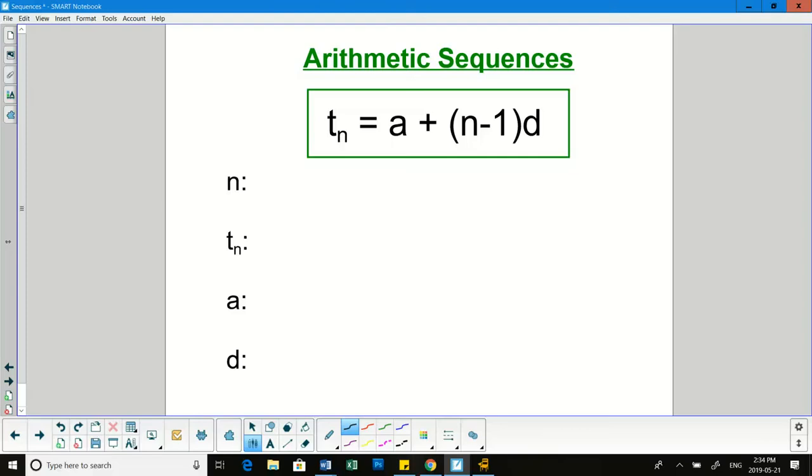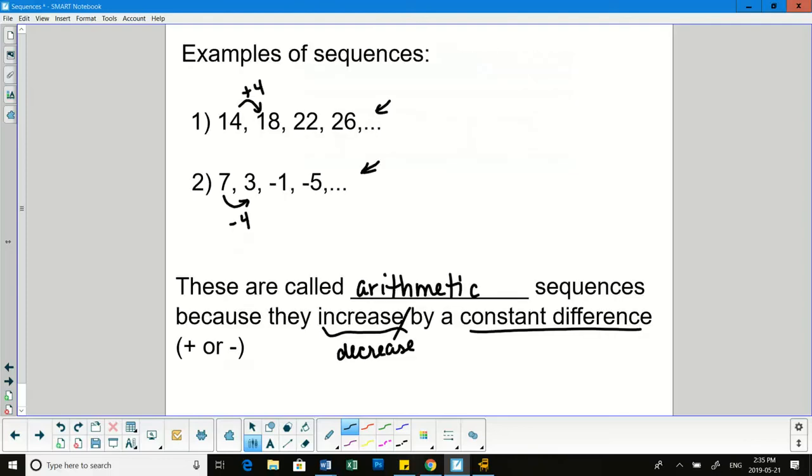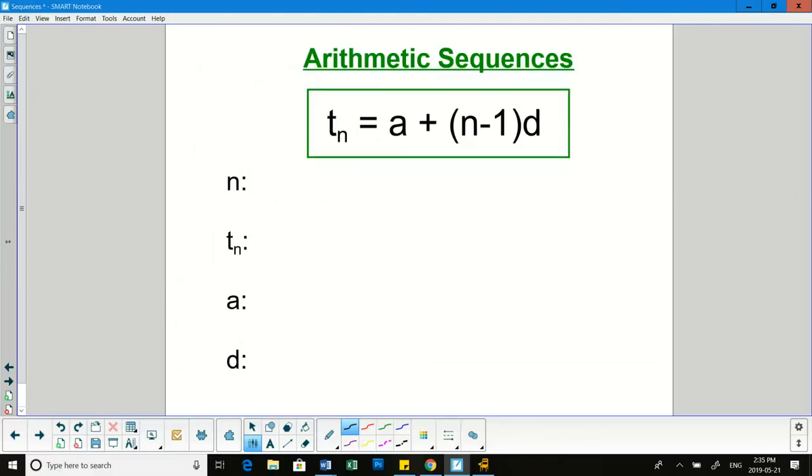What's important for us to know is, if I'm trying to find the 10th term in a sequence, it could be pretty easy for me if I have the first 4 terms just to write out the rest of the terms. If I want to find the 70th term, it's probably not worth my time to write out 70 terms. So those would be the cases where instead of writing out the sequence, I would use the formula. Sometimes it's going to be more efficient for you to just continue the pattern and find the term. Sometimes it won't be, right? If I want to find the 50th term, I don't want to sit there writing out all the values. So the formula will help me with that.